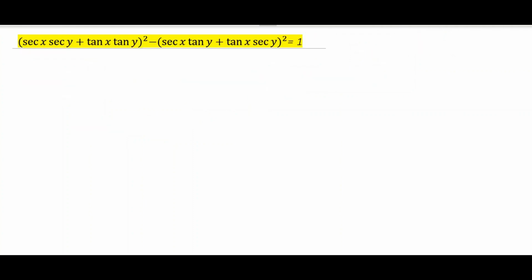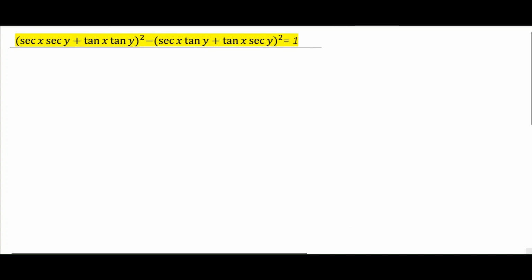Coming to the next question. Here this is like a plus b whole square. So we will expand that as per a square plus 2ab plus b square. This can be written as secant square x secant square y plus tan square x tan square y plus 2ab, that is plus 2 secant x secant y tan x tan y.